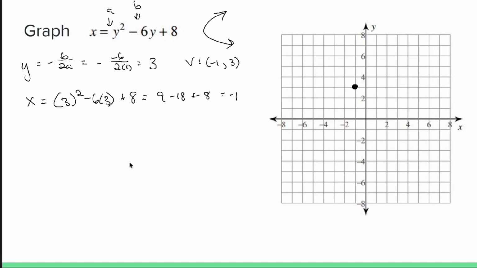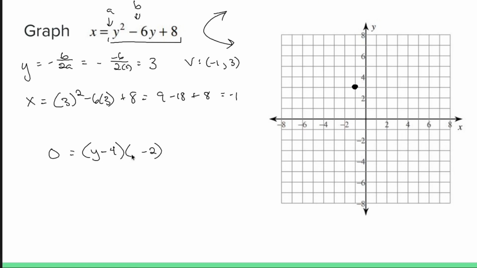Now I'm going to use the zero product property to find where this is going to cross the y-axis. You see this is factorable. So if I set x equal to 0, I am saying, let's find out where it crosses the y-axis. Think of two numbers that add up to negative 6 and multiply out to 8. You'll get two negatives, negative 4 and negative 2.